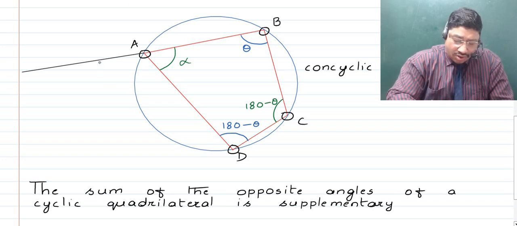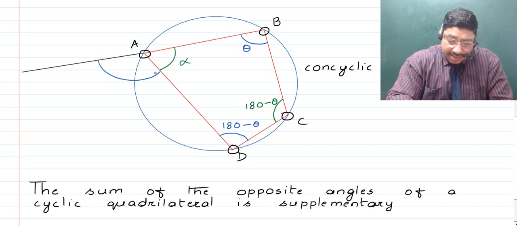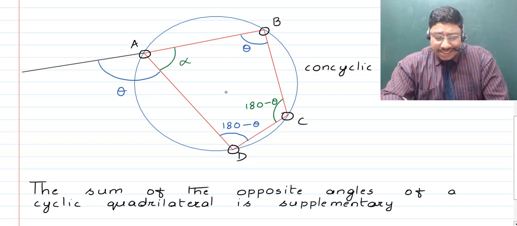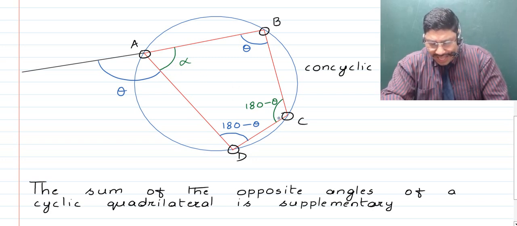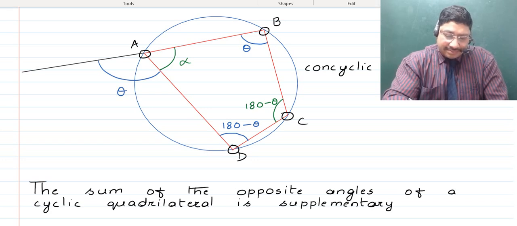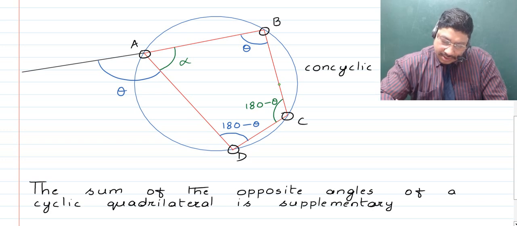If we say this exterior angle is some angle theta, then it will be equal to the interior opposite angle. That means if you talk about this angle, children, then this angle will also be theta.